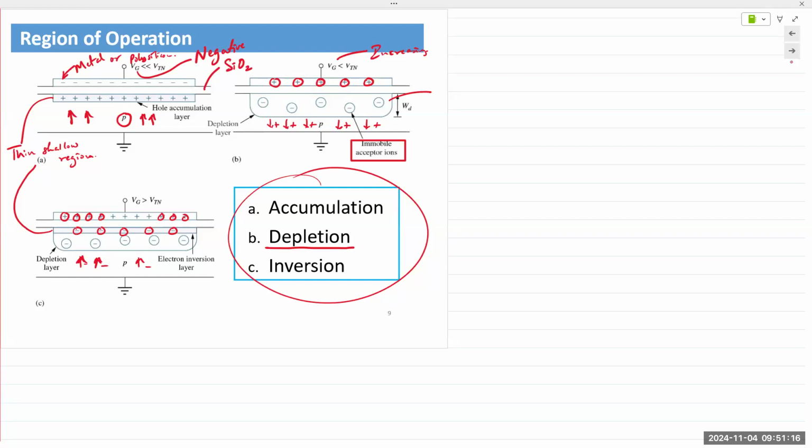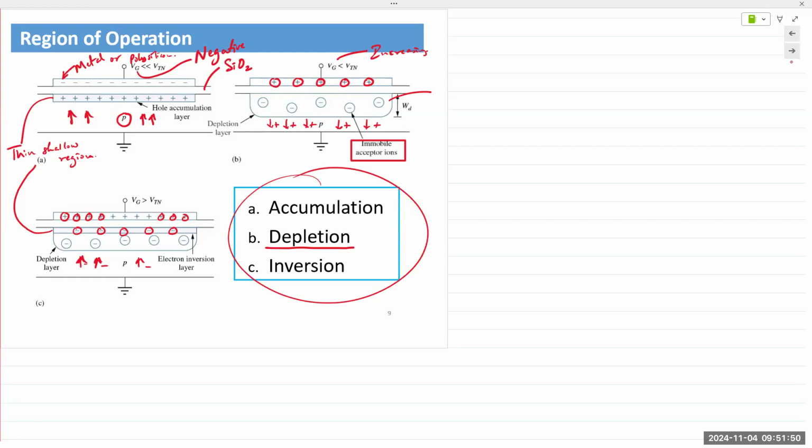Then as the gate voltage is increased to positive levels, a channel of N electrons is created between the 2 N-type materials. And now, if we apply a voltage between the drain and the source, those electrons in the channel can drift or move in response to that applied electric field. Okay, so this thin, shallow region is now used for conduction.